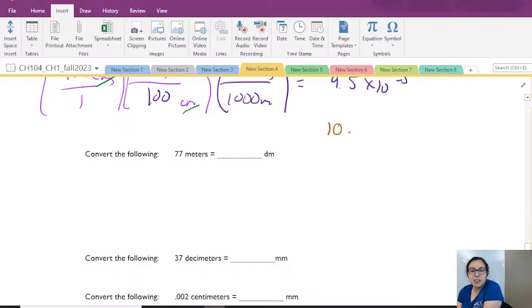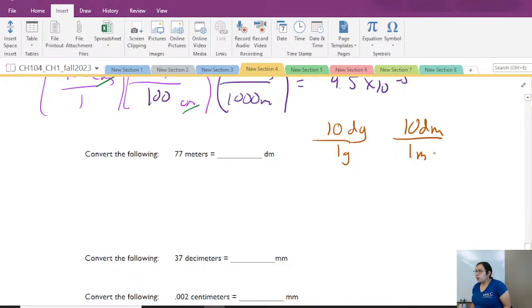So, right, if there's 10 decigrams in 1 gram, let's do the same thing for meters. There's 10 decimeters in 1 meter. Now we can go from there. There's our conversion factor. So hopefully that's what you have written on your sheet. So then we'll just set up the dimensional analysis.